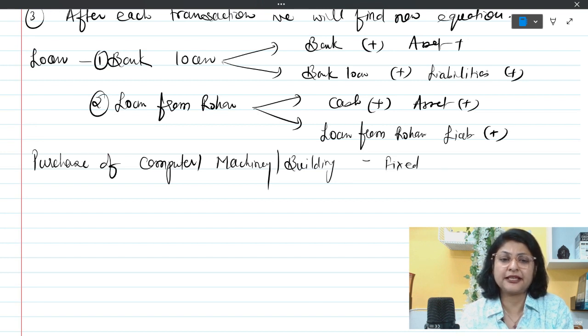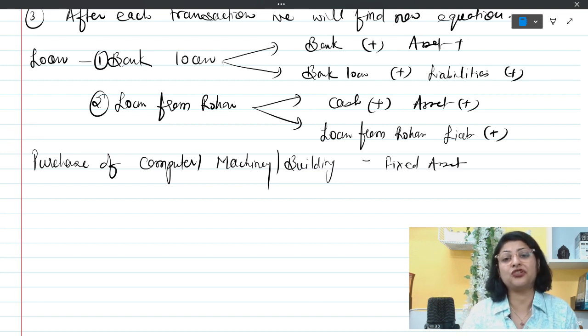Okay, any fixed asset if we have purchased, first thing which we have to understand is this is not a purchase. Yes, many students make this mistake that they write it under purchase account. When I was teaching you basic accounting terminology, I had taught you students that under purchases, only purchase of goods can come.